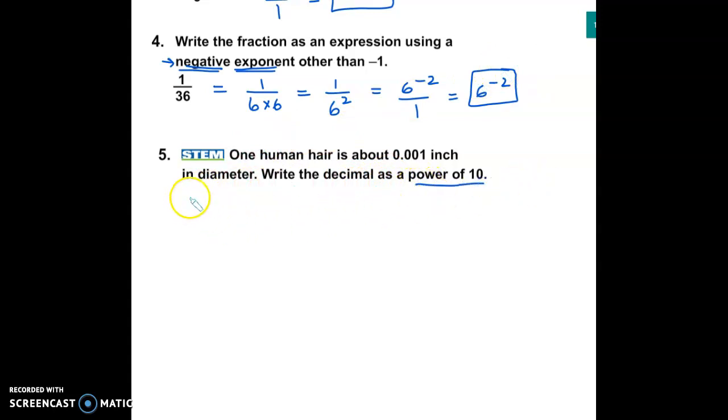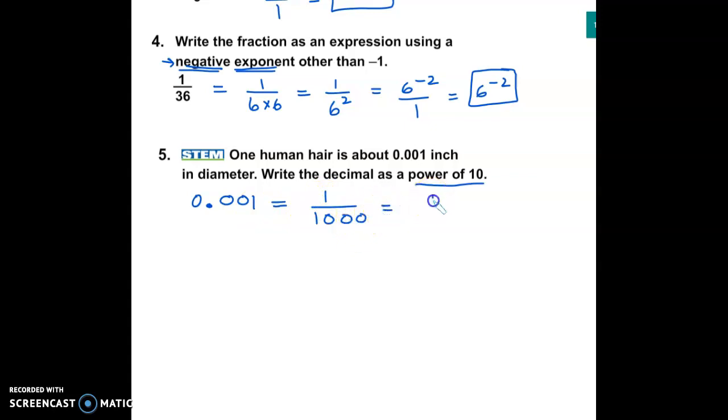So first of all, when you do this question, the number is 0.001. So this number we can write as 1 over, for the decimal, I write 1, and then after the decimal 1, 2, 3 places, so I'm going to write 1, 2, 3 zeros. So that means 0.001 you can write as 1 over 1000.